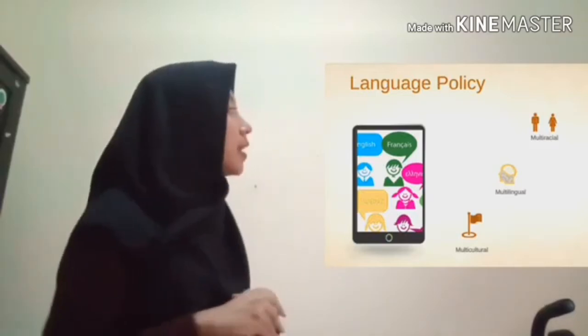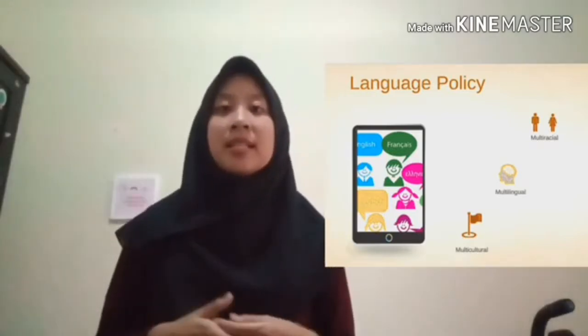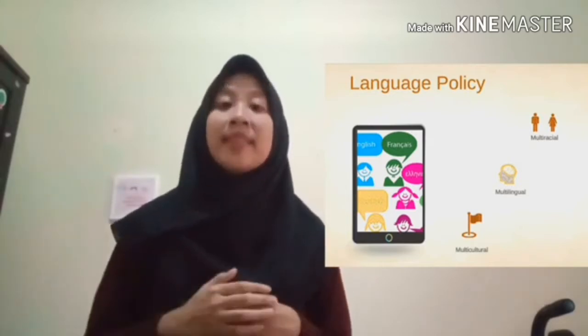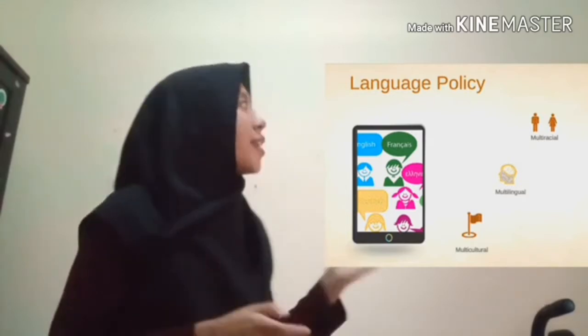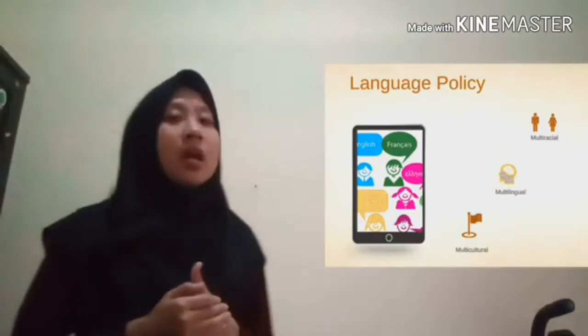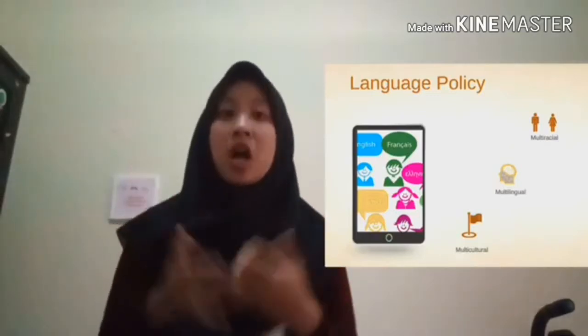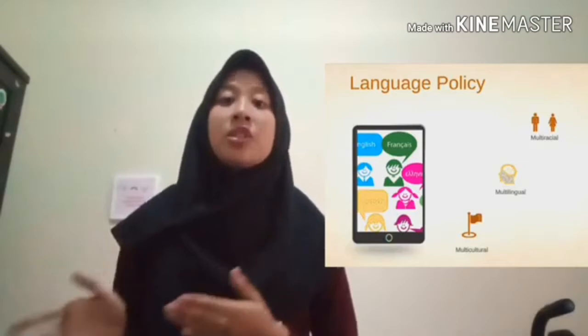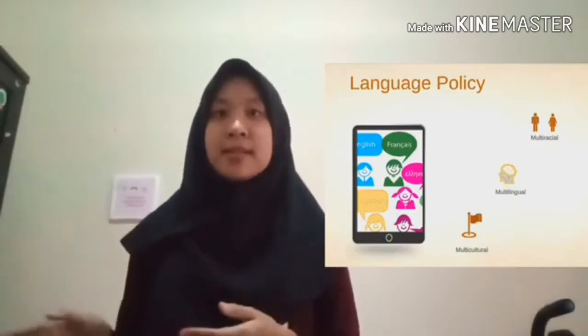The second is multiracial. It means the existence of many varieties of ethnicities. And the third is multicultural. Multicultural means various cultures in the country.